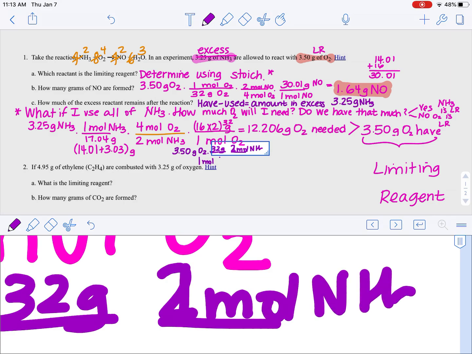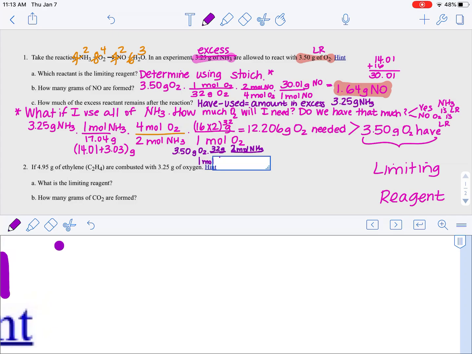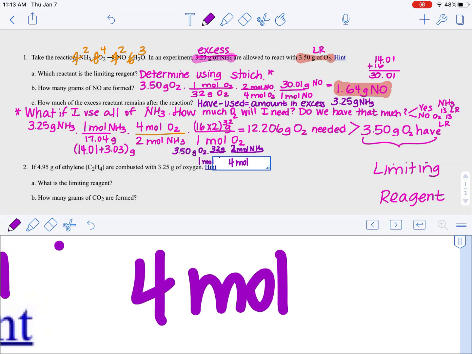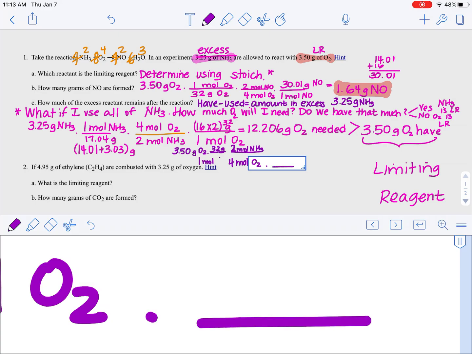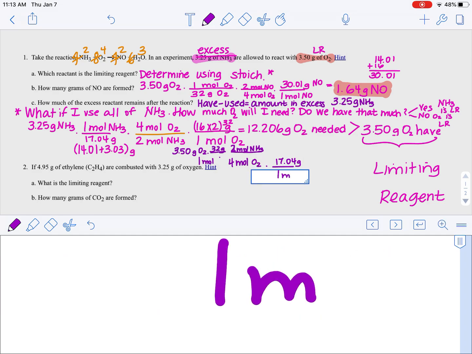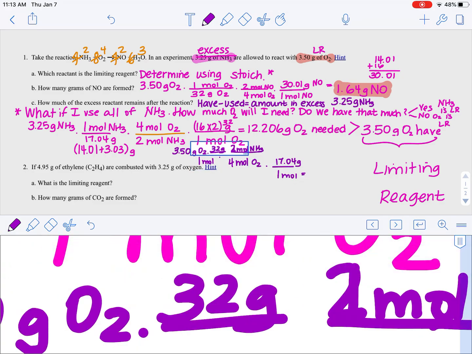It's 2 moles of NH3 for every 4 moles of oxygen, and there are 17.04 grams for every 1 mole. Oh, silly me.